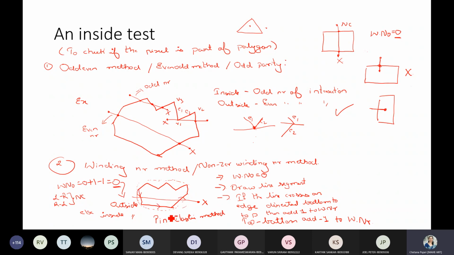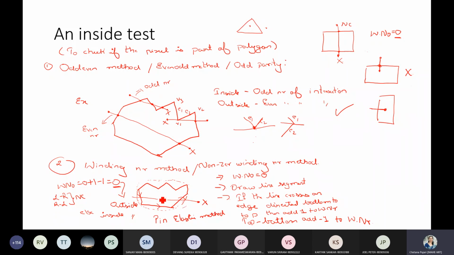There you are going to draw a boundary around your polygon, and then check if the line intersects during the winding process. This is my boundary and this is my line segment. If it intersects, which means your point is outside the polygon.